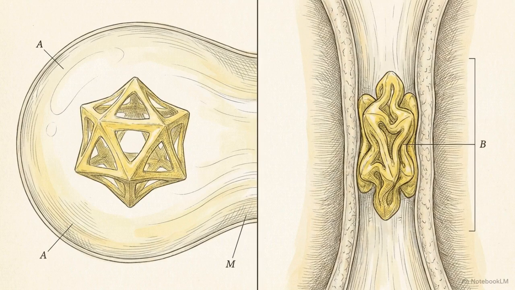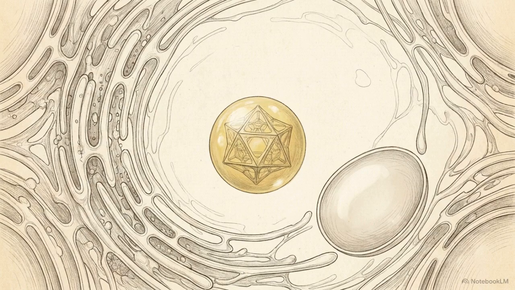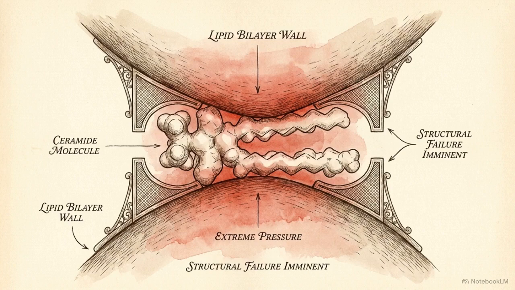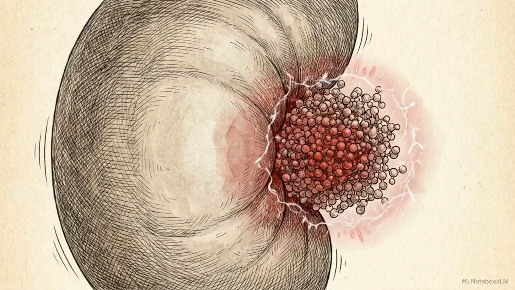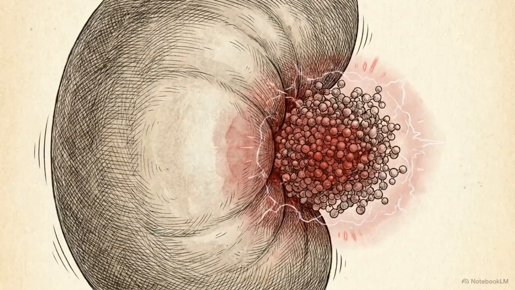The exact spatial location where ceramide is synthesized dictates its function. A ceramide molecule generated slowly in the bulk ER is a harmless intermediate destined for export. A ceramide molecule generated right here at the MAM is manufactured mere nanometers from the outer mitochondrial membrane. The cell intentionally places its most potent lipid weapon right next to the organelle it is most competent to kill.